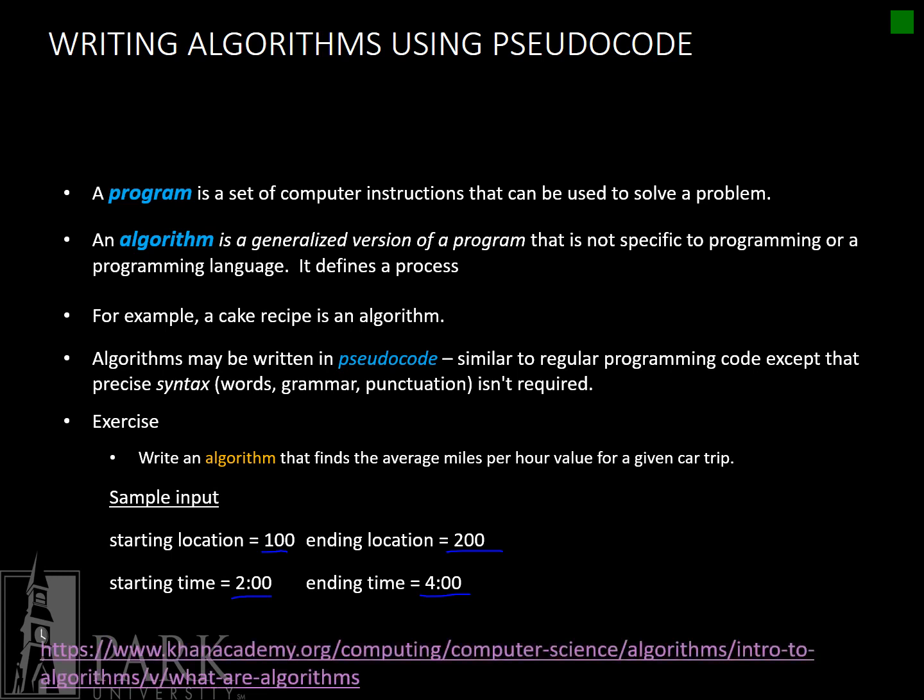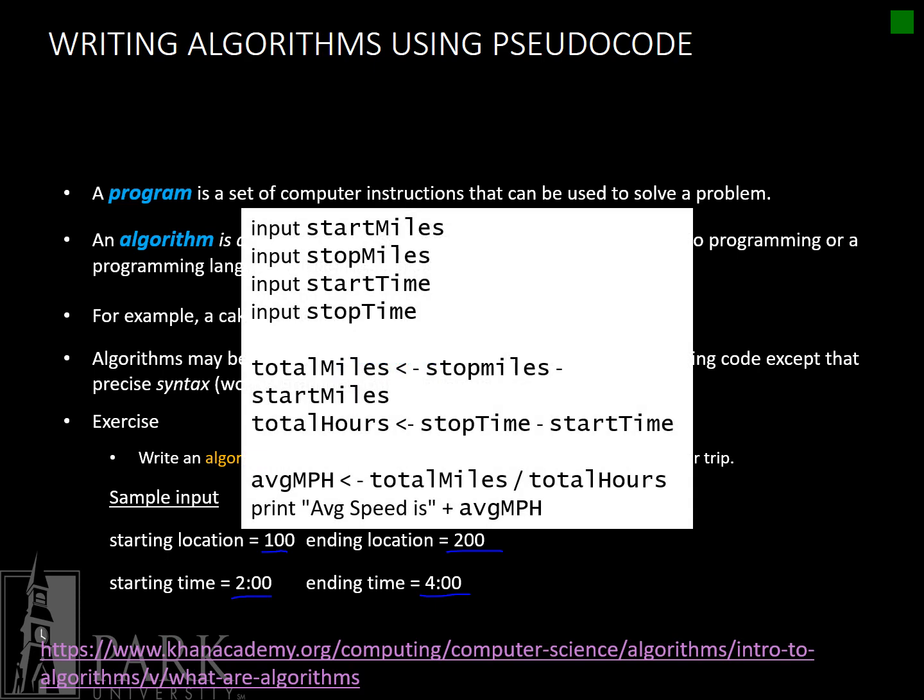Okay. And this is where I got the example from. So here's what our algorithm would look like. We're going to get what our start mileage is. We're going to get what our stop miles is. Start time, stop time. So that's the information that we need. And our total miles is going to be equal to our stop miles minus our start miles, right?